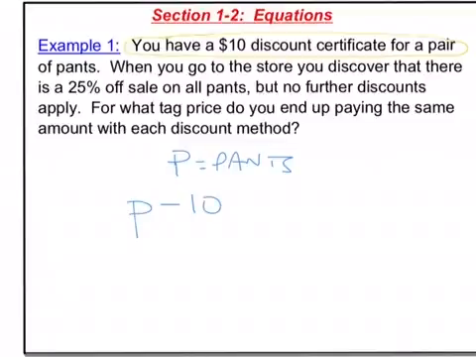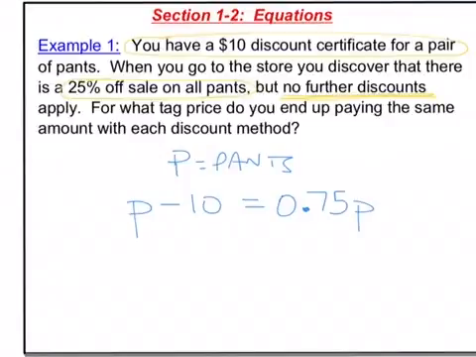The other situation, when you get to the store, you discover there's a 25% off sale on all pants, but you can't use any further discounts. So you can't use that certificate for this one. So the other side of my equation, since it's 25% off, I know that I would pay 75% for the pair of pants, so 75% of the original price.